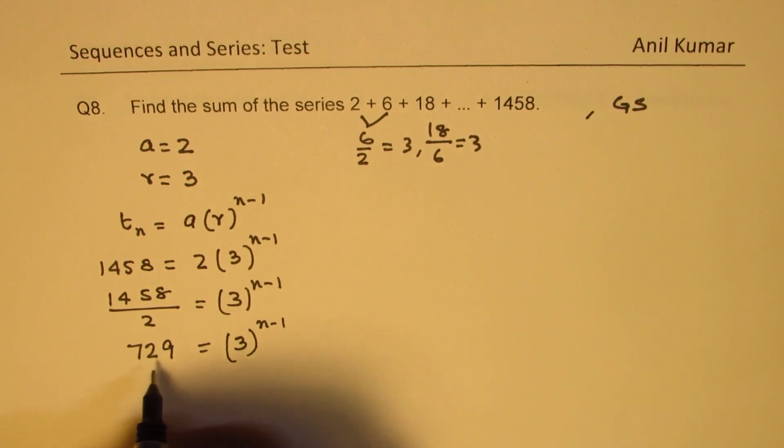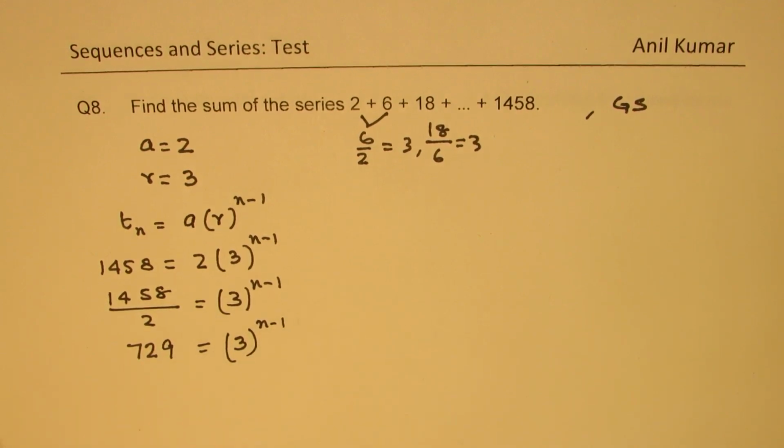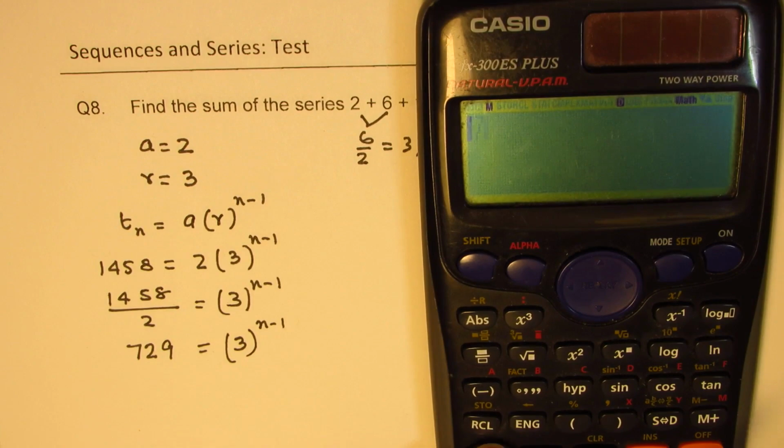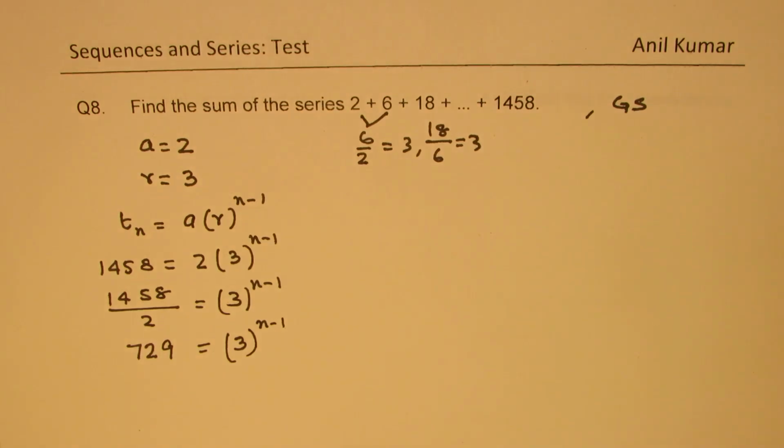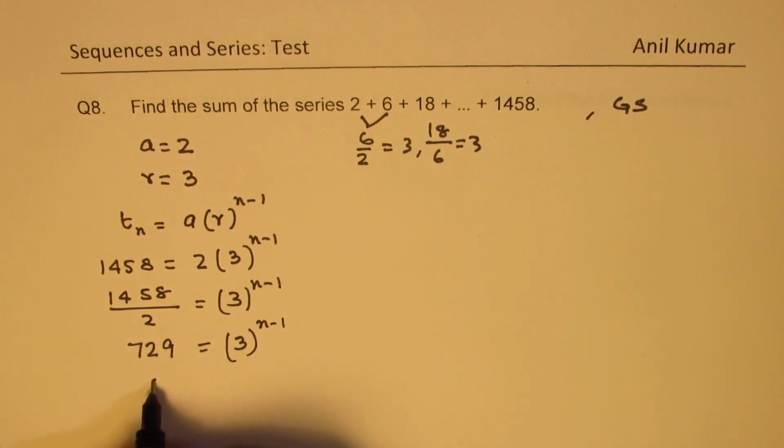So we could write 729 as, we can check this out, right? 729 is 3 to the power of 6, right?